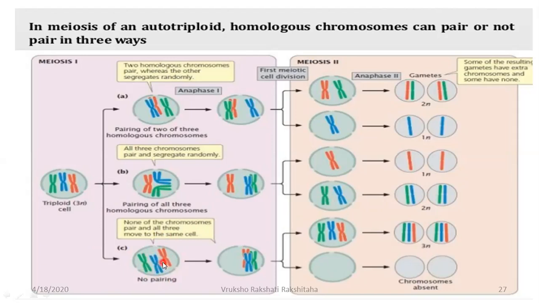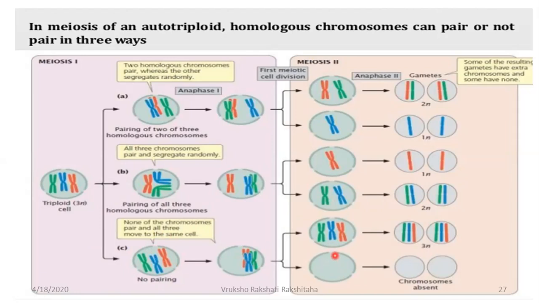Now the third possibility is where all three chromosomes are not showing pairing, there is no pairing at all. Here these chromosomes are free to move to any pole. If by chance all three chromosomes move to one particular cell, then the other cell will have no chromosomes at all.